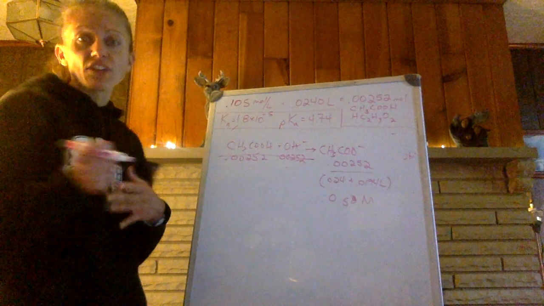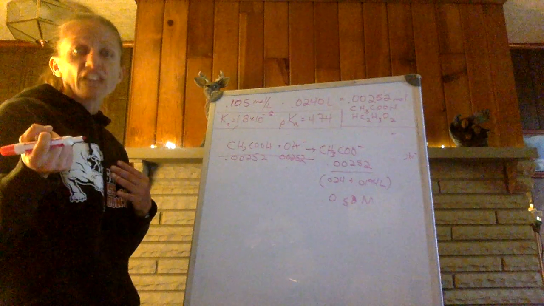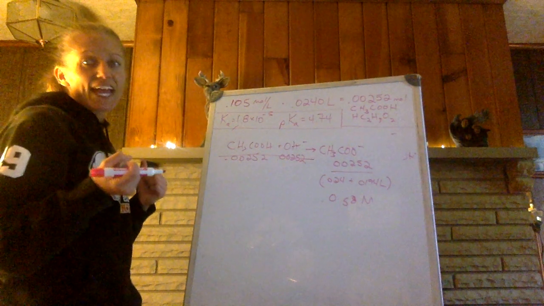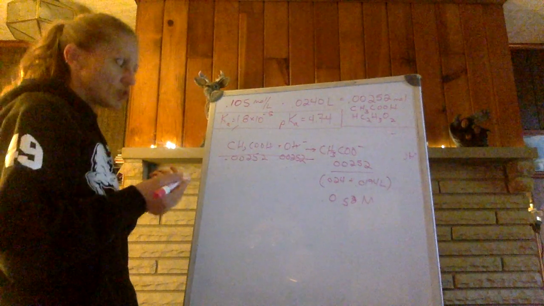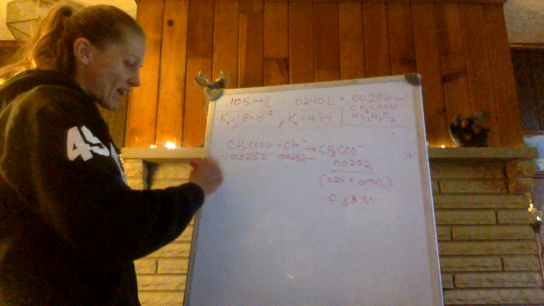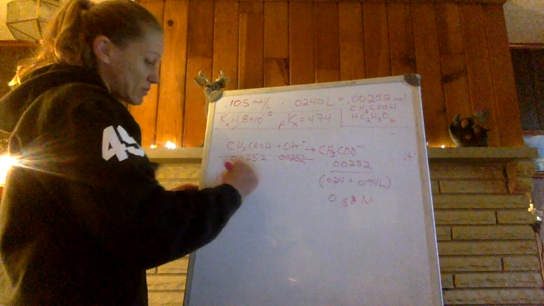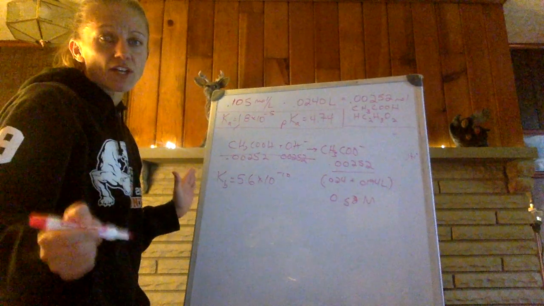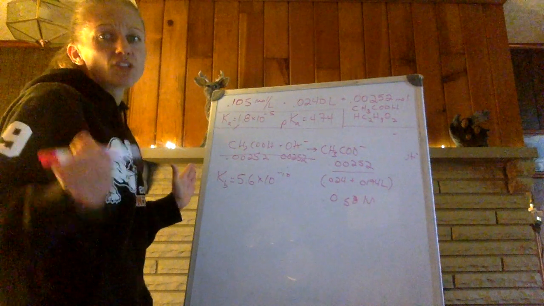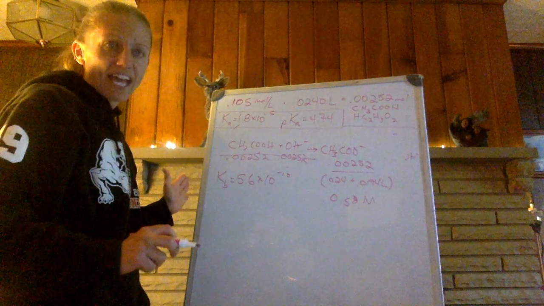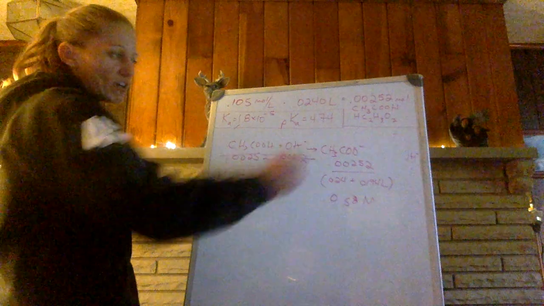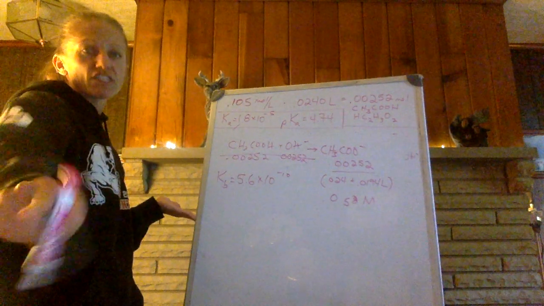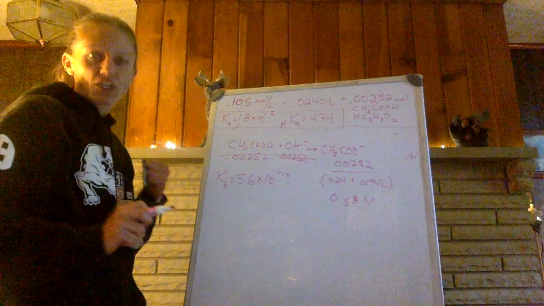And to go with it completely, you will need a Kb value. So for my Kb, I would do Kw over Ka, and Kb for this one, I've done this one so many times, it's 5.6 times 10 to the negative 10th. I've done that in every calculation known to man. So what I was saying about ignoring x, normally I wouldn't have even done all of these steps.